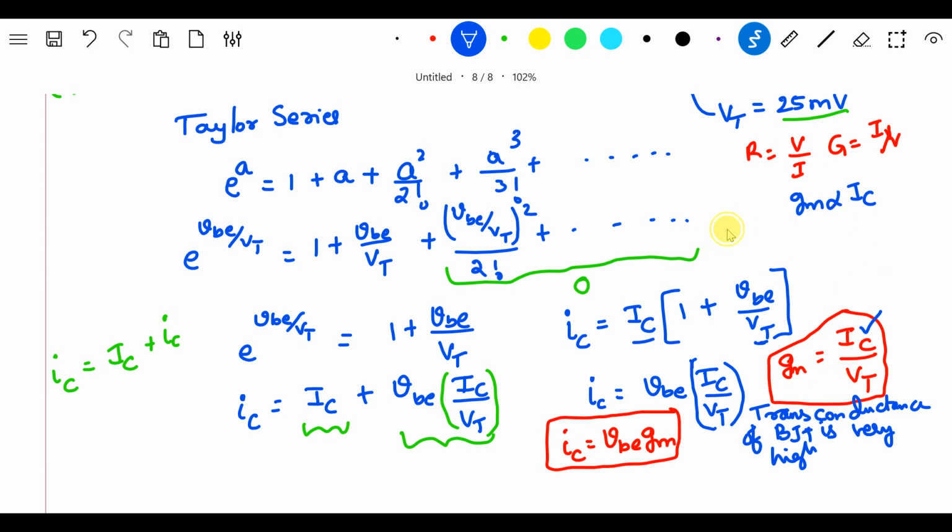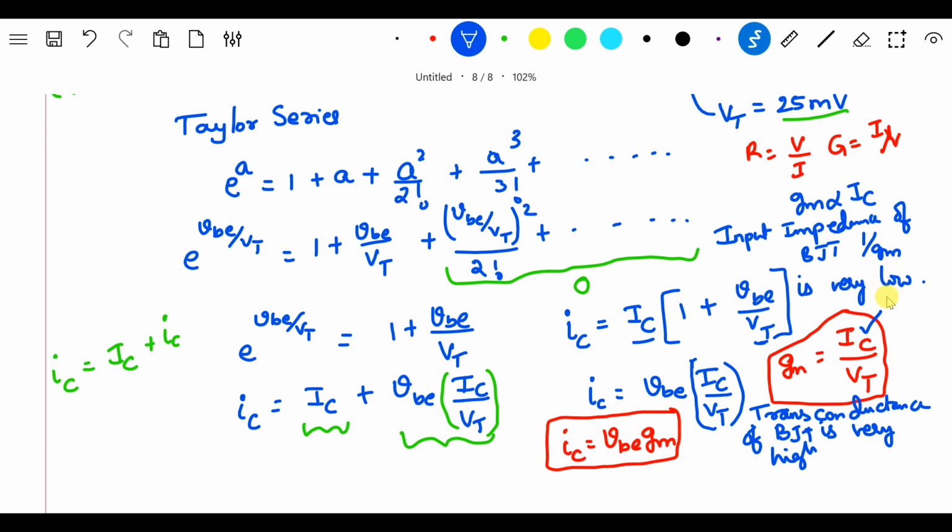Therefore, the input impedance of BJT is normally 1 over GM. And GM is very high, so the input impedance of BJT is very low.